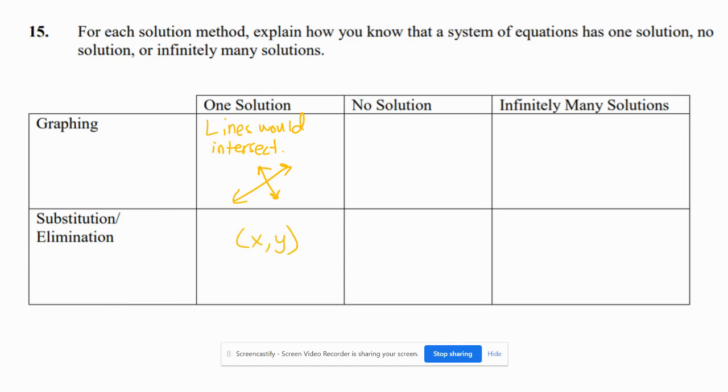Okay. If there were no solution and I was graphing, that means the lines would be parallel, which means they would look something like this. If I was solving it by substitution or elimination, what I would notice is that the variables would eliminate, both of them.